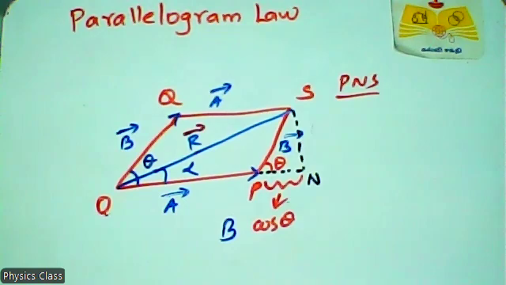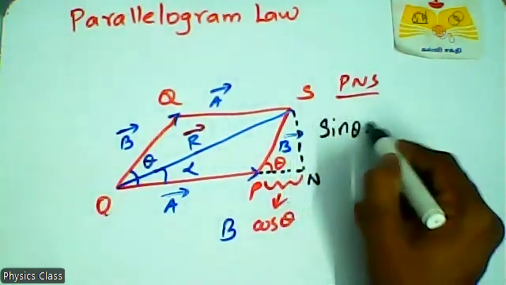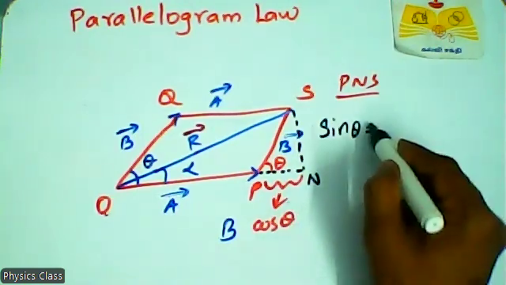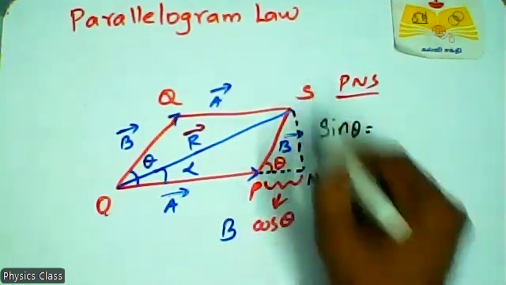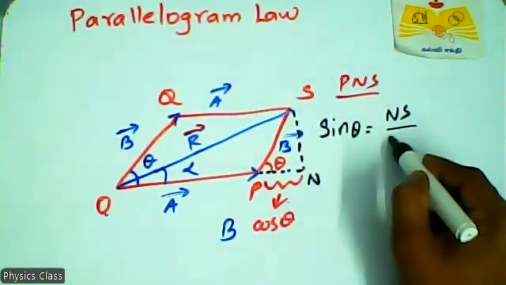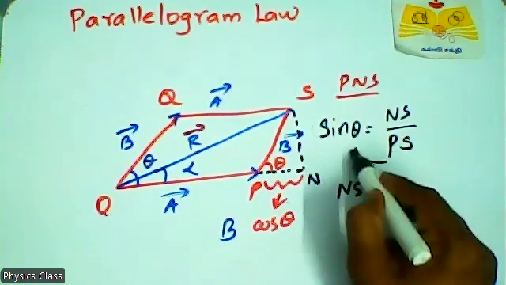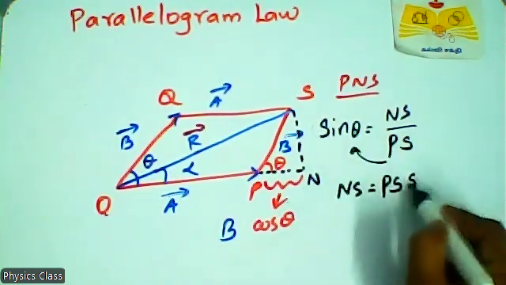Sine theta means opposite by hypotenuse. The opposite side is NS and the hypotenuse is PS. So NS is equal to PS into sine theta.